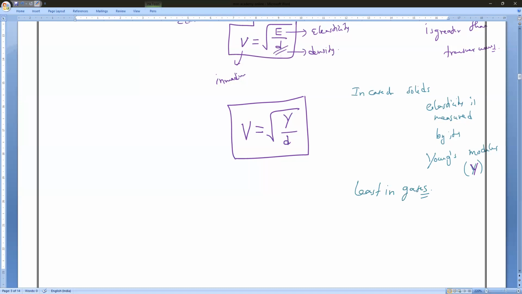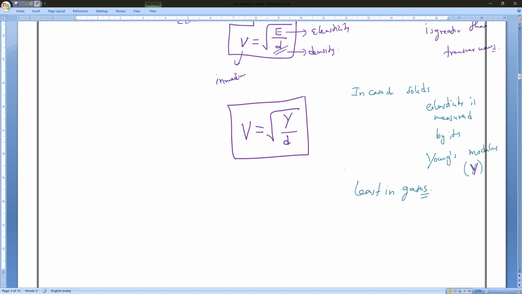The reason is that the density of solids is greater than that of liquids and gases, and the elasticity of solids is many times larger than that of liquids and gases. So the elasticity and density are more in solids, less in liquids, and least in gases.